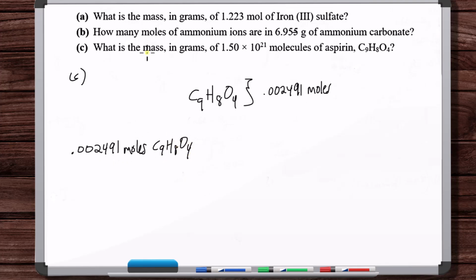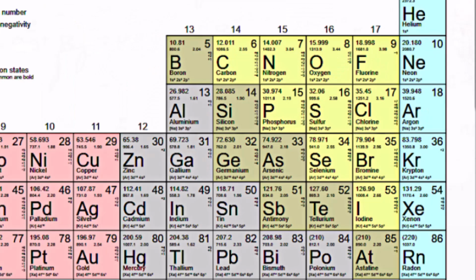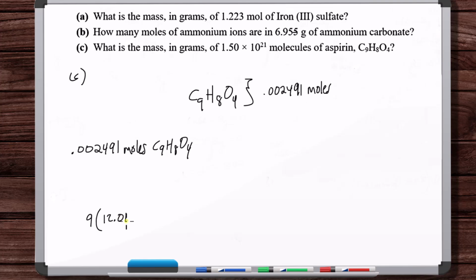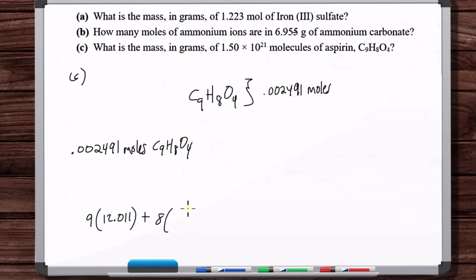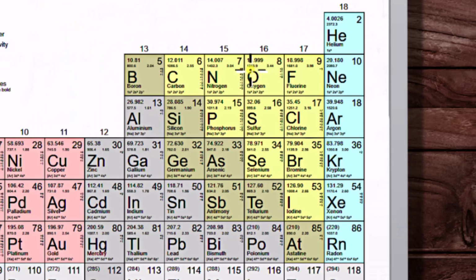How do we convert this to grams? We just need the molar mass, which is the same quantity as the molecular weight. So we've got 9 carbon atoms, 12.011 is the atomic weight. We've got 8 hydrogen atoms, 1.008. And we've got 4 oxygen atoms, 15.999.